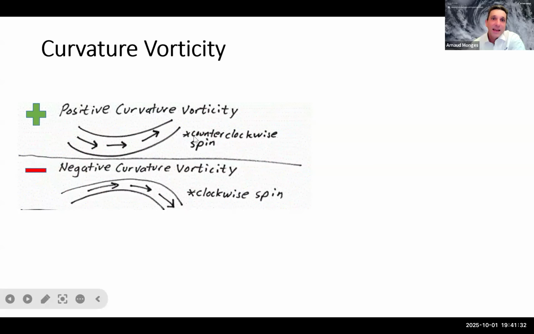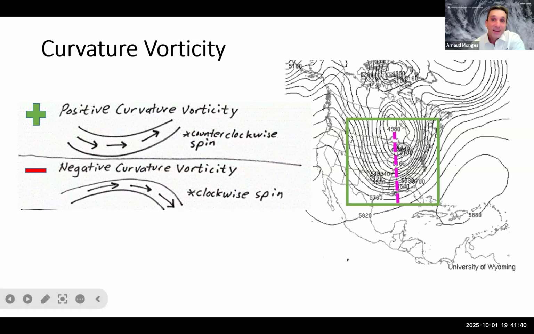So as you can see, if you've got a curvature that is counterclockwise, this is curvature vorticity. So this means that everywhere in the trough, we are turning like this to the left. So everywhere here, we've got vorticity. So there is some rise everywhere in a trough. So this is a good reason why storms develop in a trough.